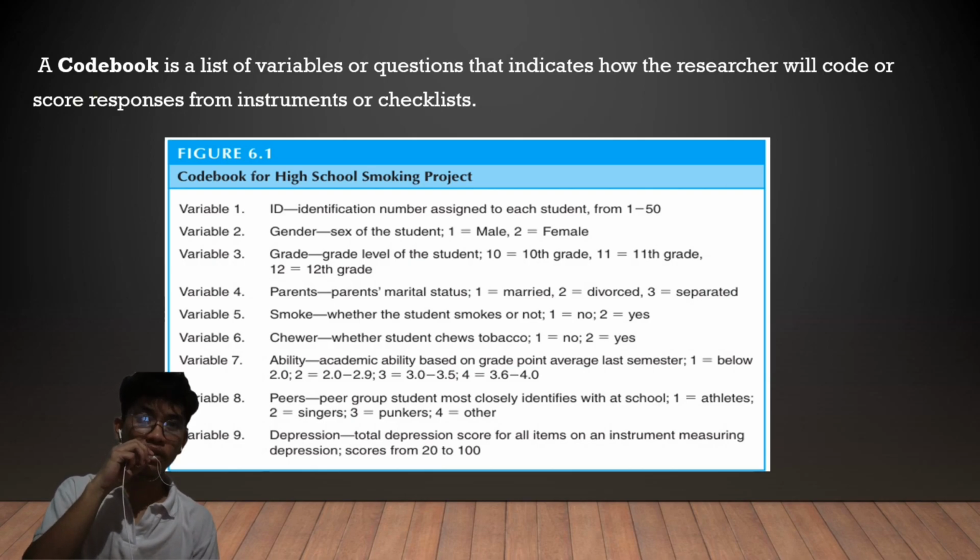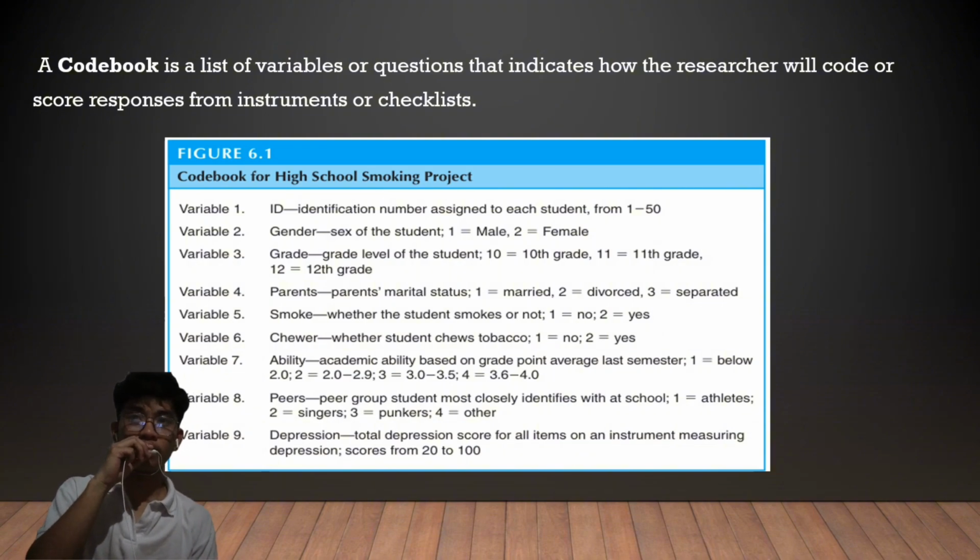Based on the table attached here, we notice that each variable is given a name, like the grade level of the students, and also their gender, and many more. For example, variable 1 is ID, which is the identification number assigned to each student from 1 to 50, and variable 2 is the gender or sex of the student, male or female.